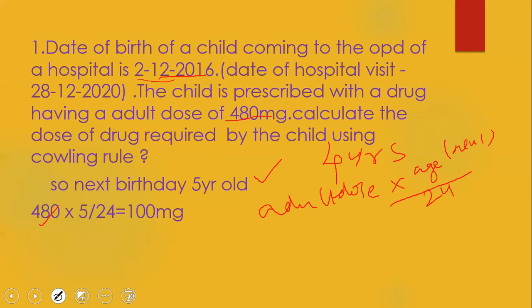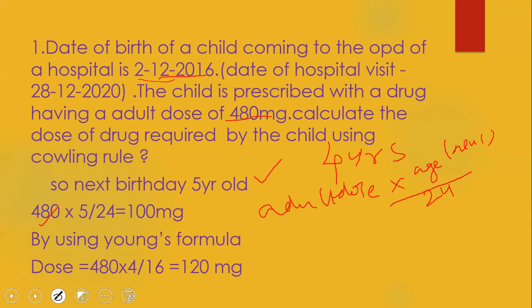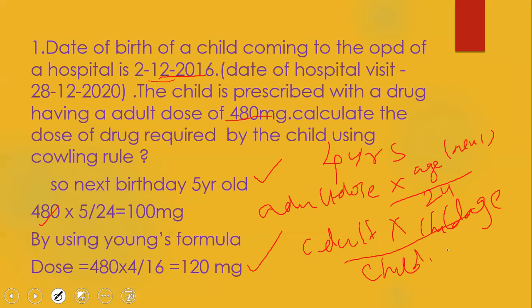Now calculate this using Young's formula. By using Young's formula, the dose will become 120 mg. What is Young's formula? Young's formula is adult dose into child age divided by child age plus 12.